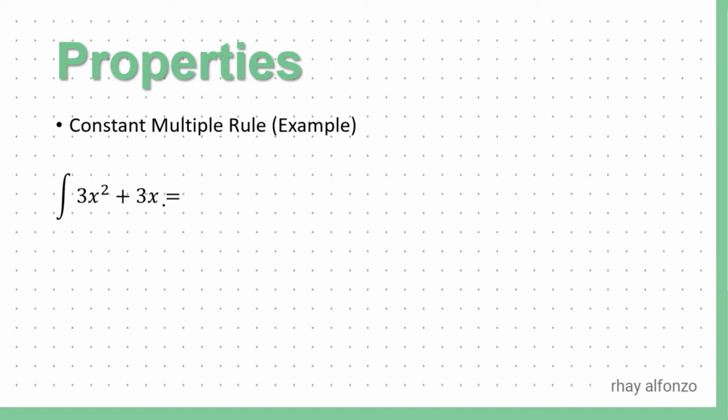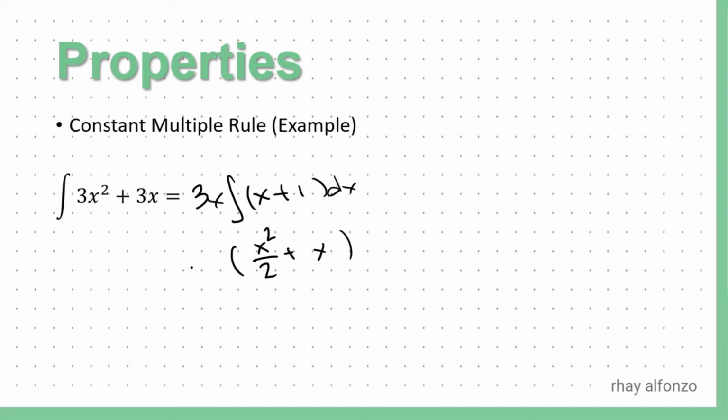For example, we can factor out 3x here. So we have 3x times the integral of x plus 1 dx. So integrating, we get x squared over 2 plus x.